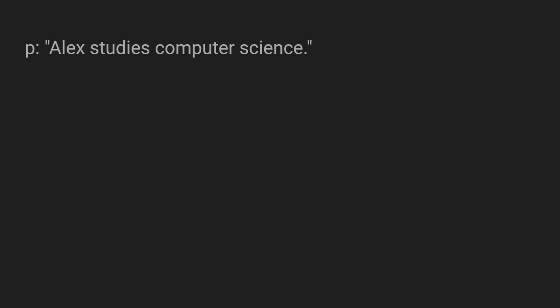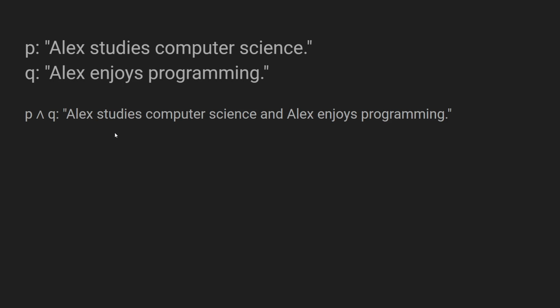Alex studies computer science is the P proposition and Q is Alex enjoys programming. If we merge them and say Alex studies computer science and Alex enjoys programming, that means you are merging two propositions and making a single proposition.